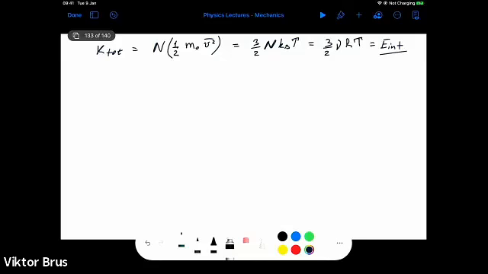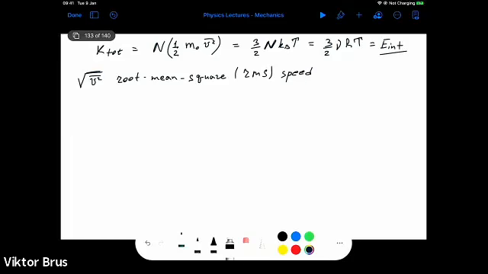So now one more parameter to define before we finish today's discussion. This is an important parameter in kinetic theory of ideal gases, which is the square root of v square average, and it's called root mean square, RMS speed.